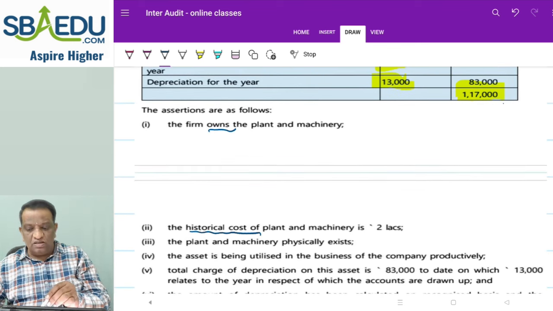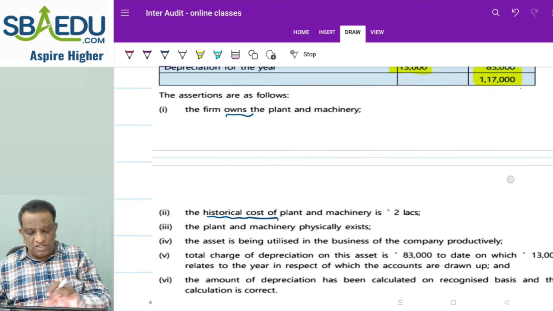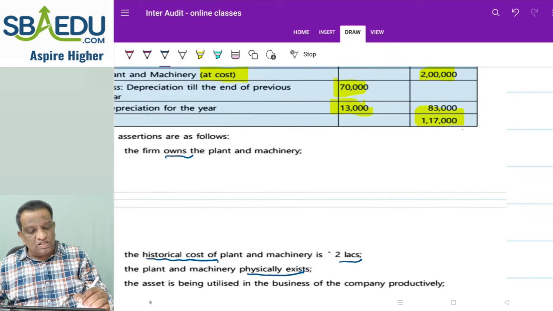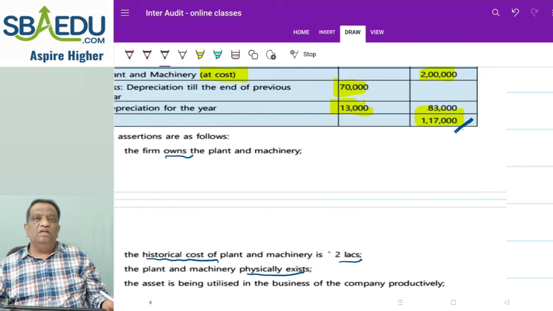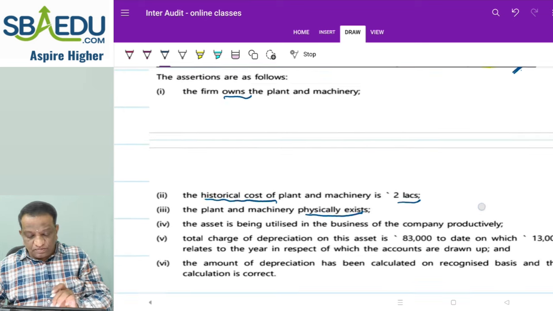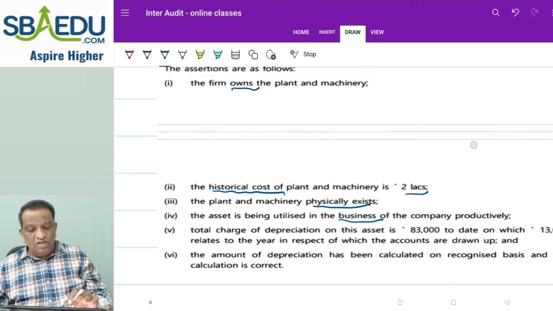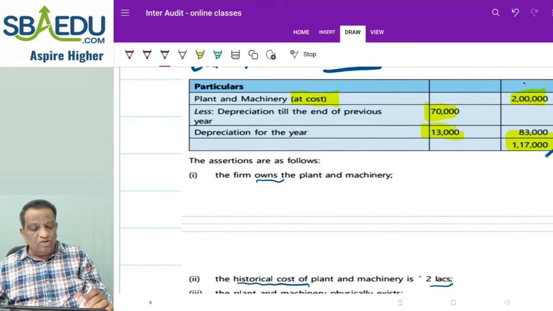You need to present your statements like this: the company owns the plant and machinery, the historical cost of the asset is 2 lakhs, and it physically exists. Why do you say it physically exists? If it is not existing, you wouldn't have been carrying it in the balance sheet. And the asset is utilized in the business. Why do you say so? If it is not for business, you wouldn't have been allowed to carry the depreciation.